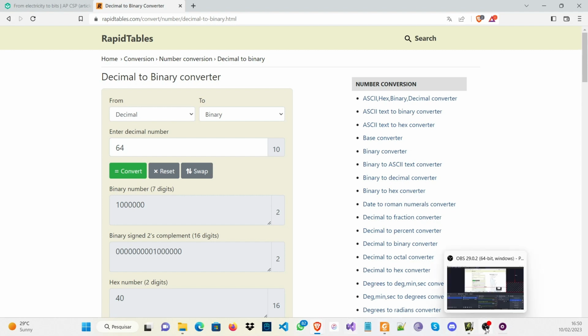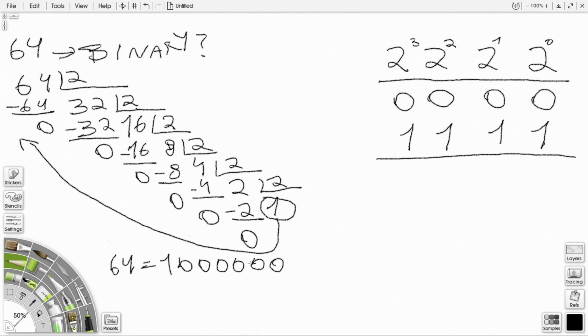So this is an interesting property of decimal numbers that are powers of two, because 64 is actually 2 to the power of 6, and 16 is 2 to the power of 4.